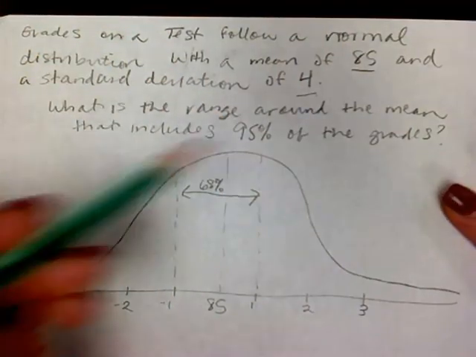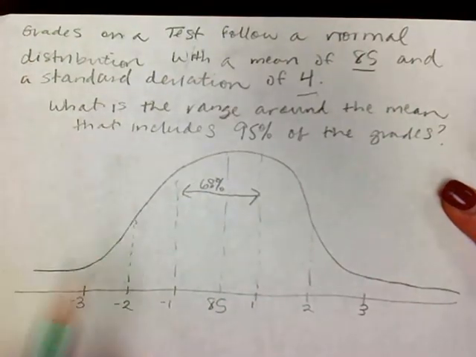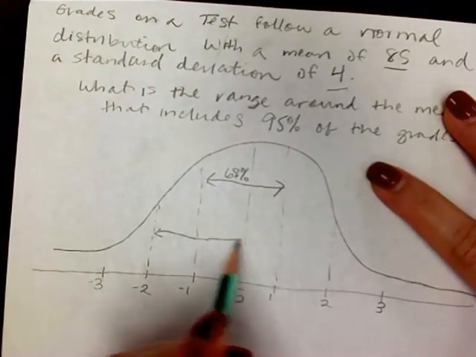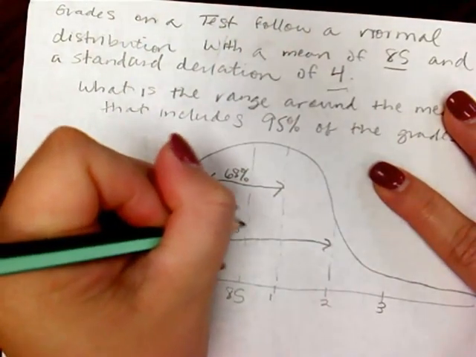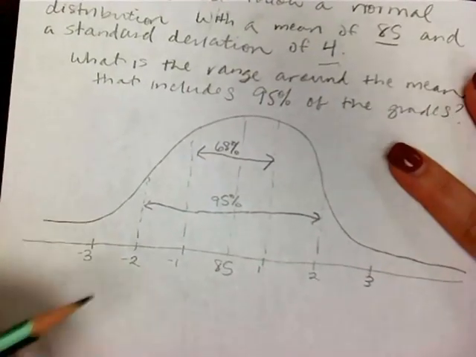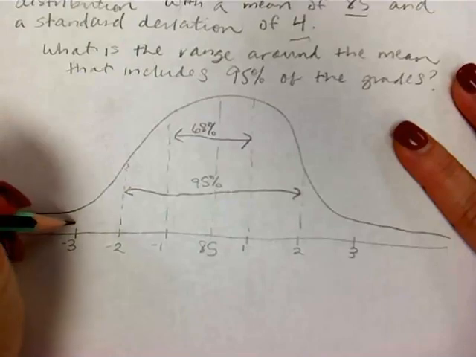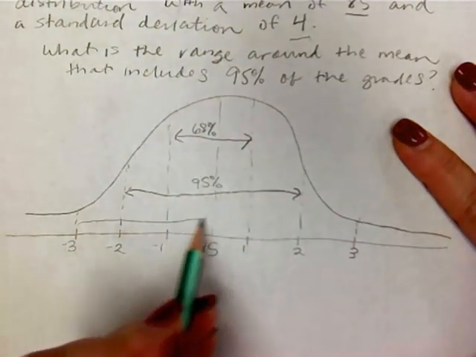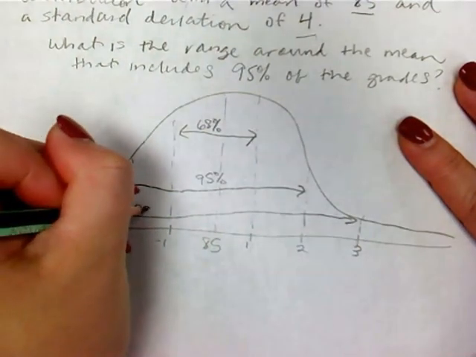We also know that because of the empirical rule, 95% of the data falls within 2 deviations below the mean and 2 deviations above the mean. And then just to review, even though it's not actually part of this question, 3 standard deviations below and 3 standard deviations above equal 99.7% of the data.